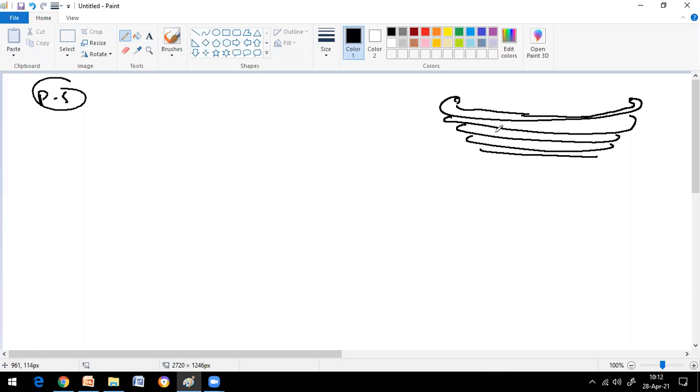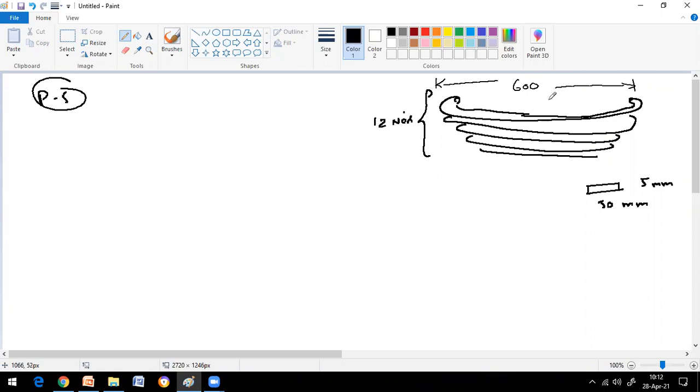There are around 12 plates. Each plate has a dimension of 50 mm wide and 5 mm thick. So this is the dimension of the plate, and the longest plate is 600 mm long. That means the length of the longest plate is around 600 mm.